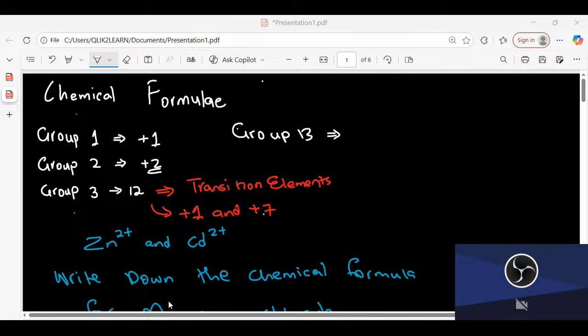Okay, thank you for waiting. So we said we have elements in group 13. Elements in group 13 will have the charge of +3.